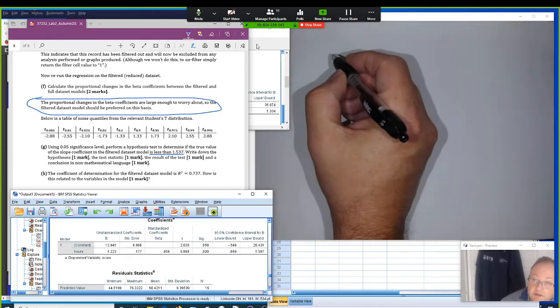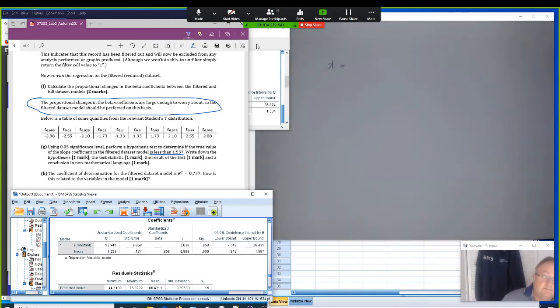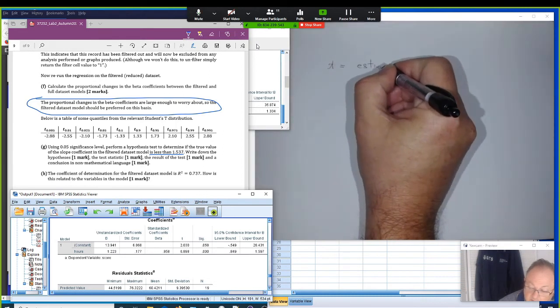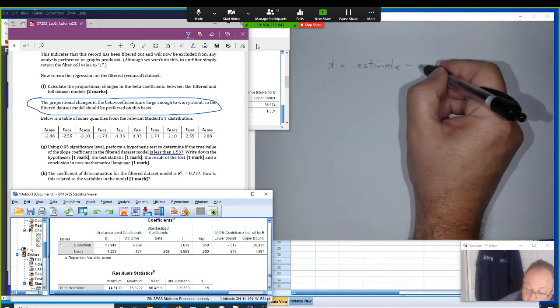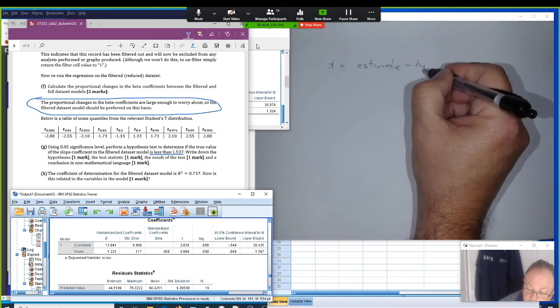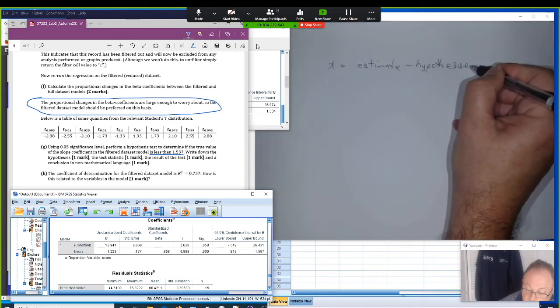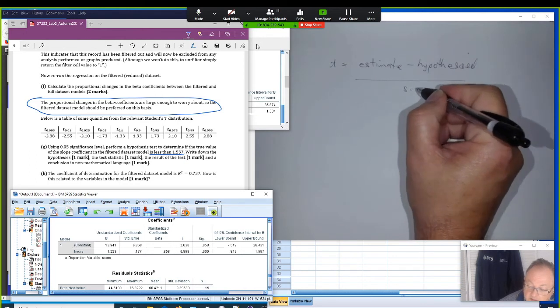Okay. So our beta 1, we've got to form this hypothesized value, and we're going to have to use a t statistic. Okay, so we're going to have to do it by hand. Okay, so what's the t statistic going to be? Okay, so it's going to be the estimate, subtract hypothesized, divided by the standard error.